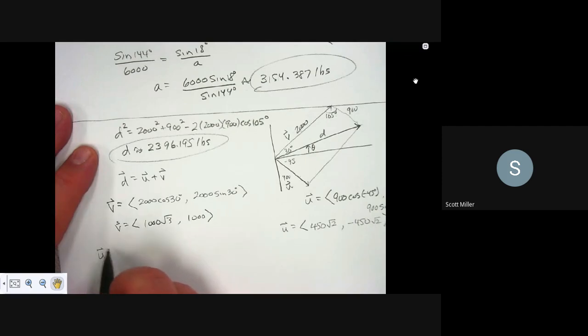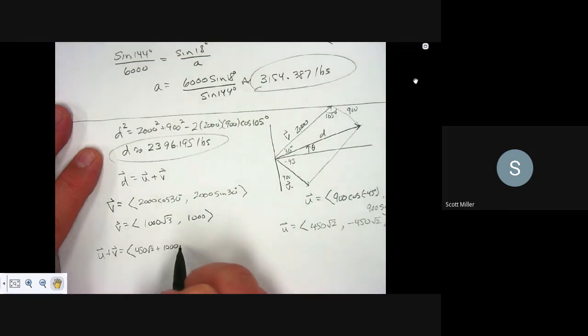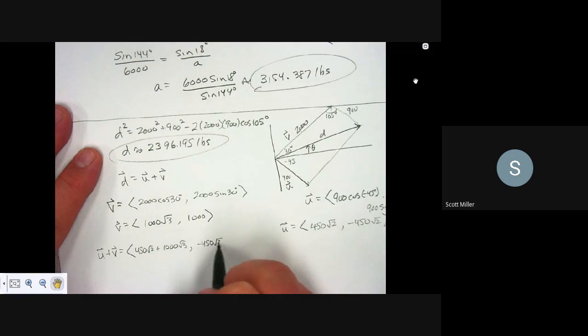So what is U plus V? It is 450 times the square root of 2, plus 1,000 times the square root of 3, and then a negative 450 times the square root of 2, plus 1,000.